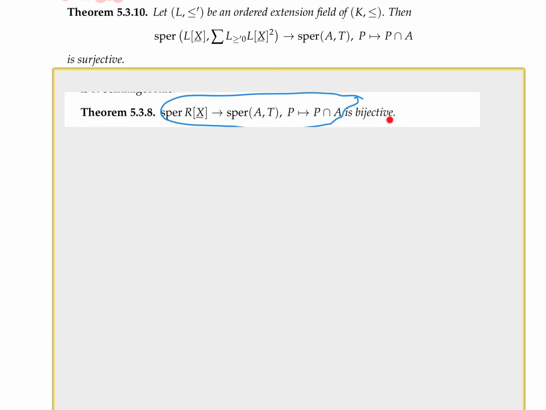But there I claim bijectivity, and here I claim only surjectivity. So it's not surprising that you cannot hope for injectivity here.